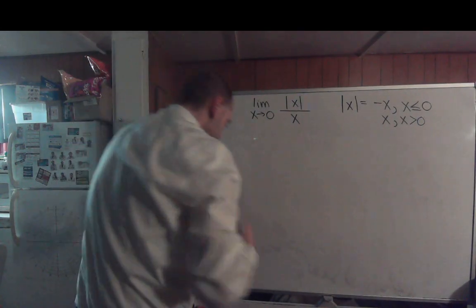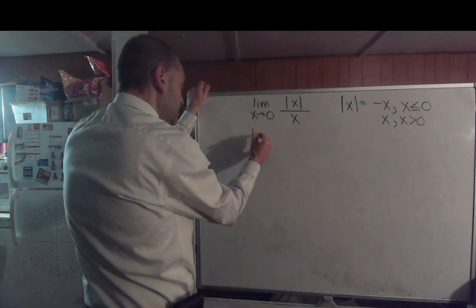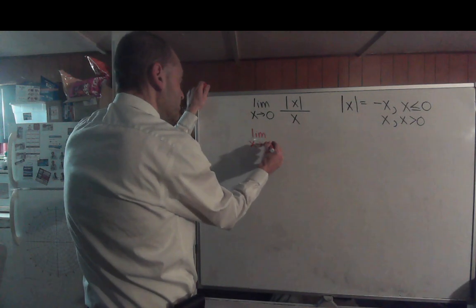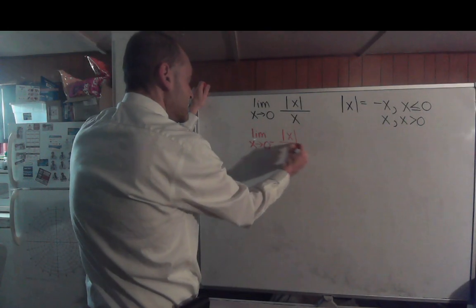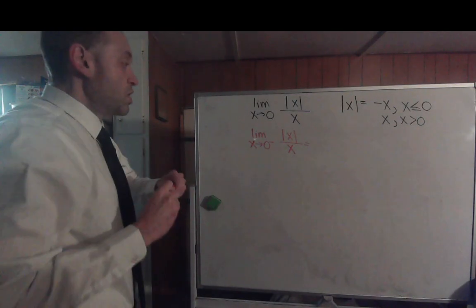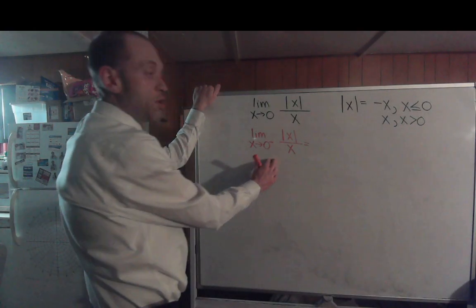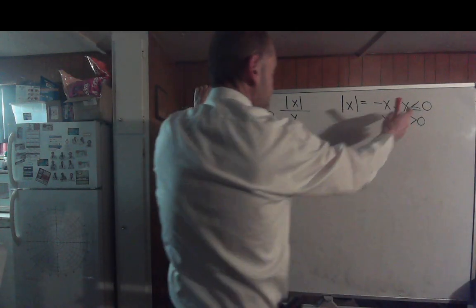So let me write in a different color. If I take the limit as x approaches 0 from the left of the absolute value of x divided by x, well, how do we simplify this? If we're approaching 0 from the left, that means that x is less than 0.